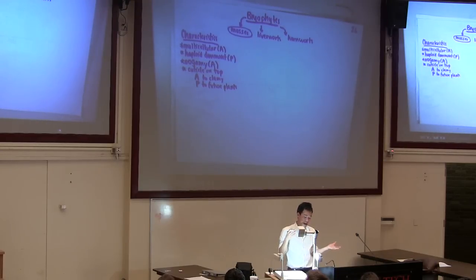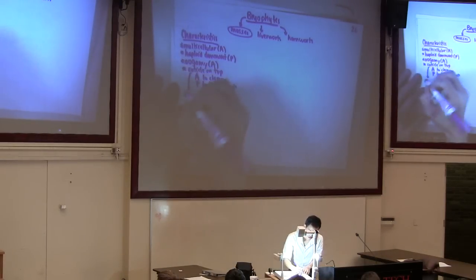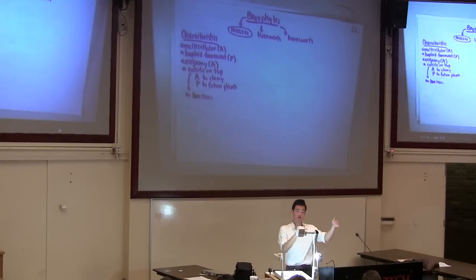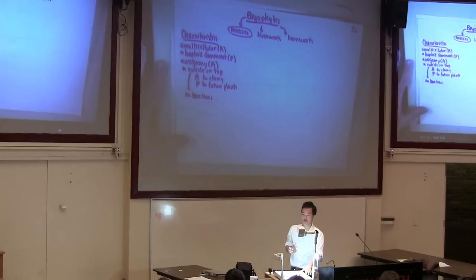And because you don't have cuticles on both sides, you actually don't have true leaves, no true leaves. And that's because you don't have two cuticles, and also those cuticles don't have stomata, right?